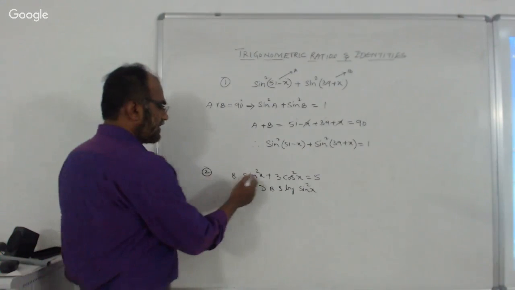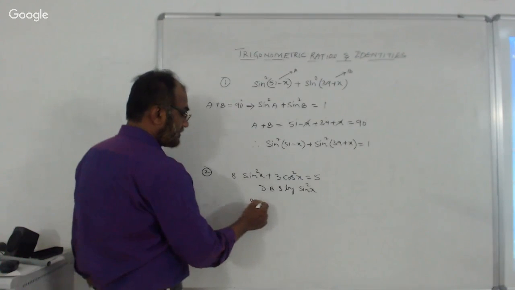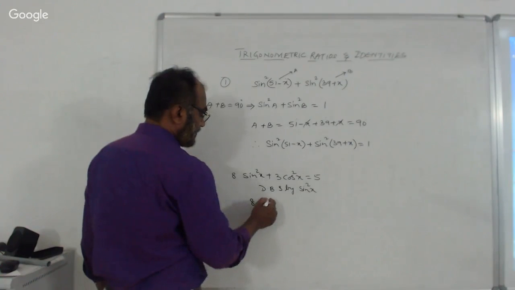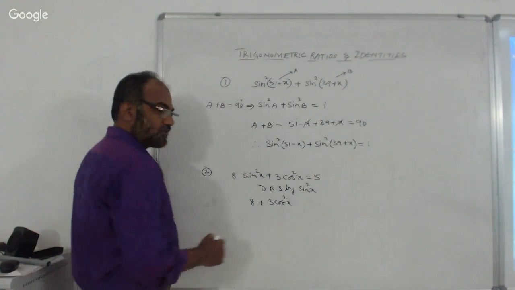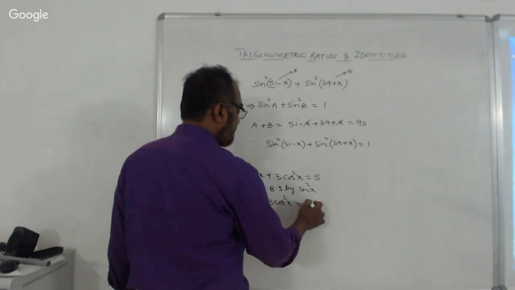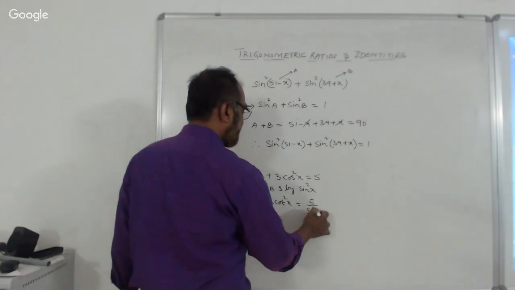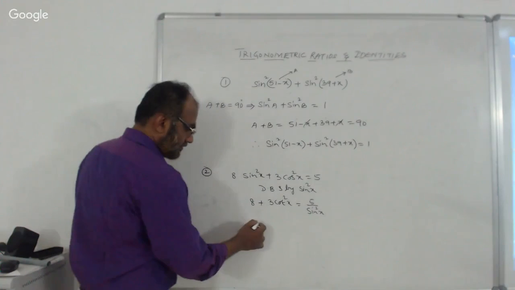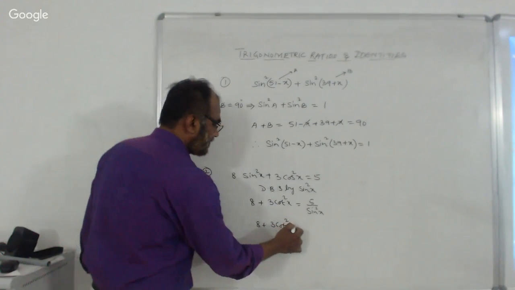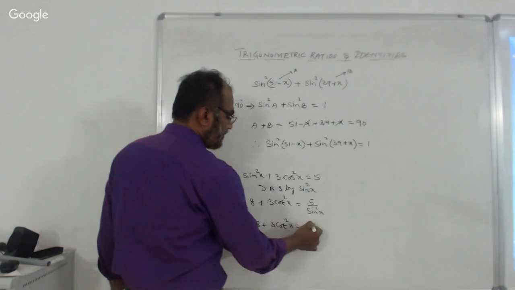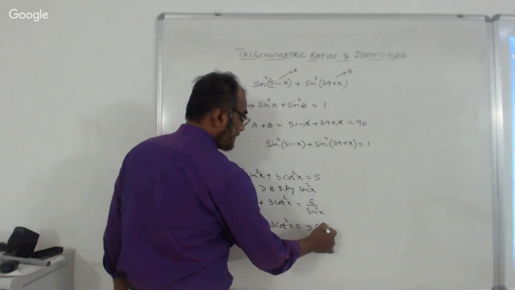So this will become 8 sine square x by sine square x is 8, 3 cos square x by sine square x is 3 cot square x, and this will be 5 by sine square x. So 8 plus 3 cot square x is equal to 5 into 1 by sine square x, which is cosecant square x.